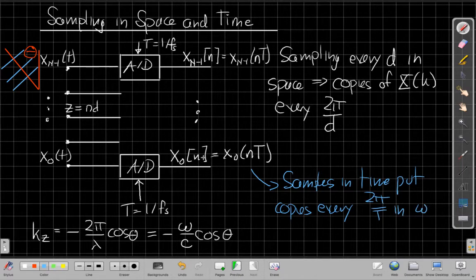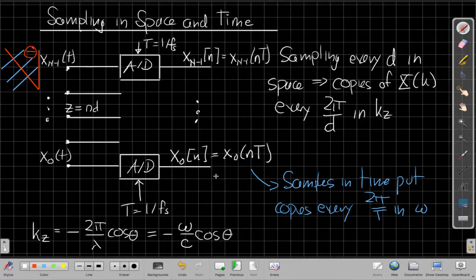So we need to make sure we don't have aliasing in space or time, that we're sampling fast enough in time to avoid aliasing in omega, and close enough in space to avoid aliasing in X of k. To interpret these graphs, we'll see we have to use computational DSP algorithms we'll talk about in class. But our goal is to basically Fourier transform this sampled data in both time and space, and then make a picture or estimate a plot of what it looks like.